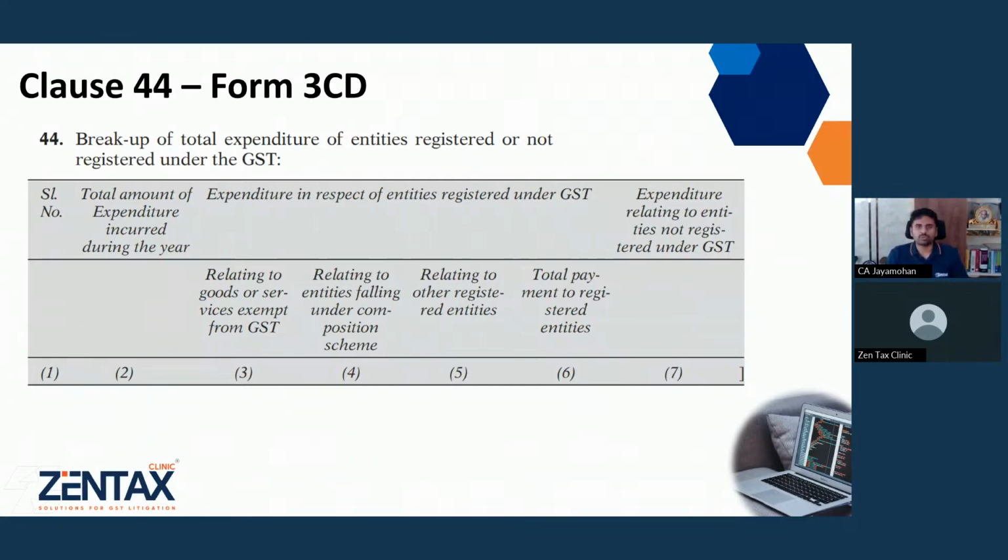So it is categorized like this, and the details will be taken from the audited financial statements and populated over here. So what are the pitfalls, or what are the consequences that might arise if there is any discrepancy between values reported over here and values reported in GSTR 9, 3B, 9C, or any return that is furnished under the GST Act, that we can see in the upcoming slides.